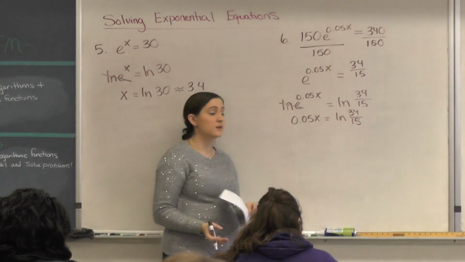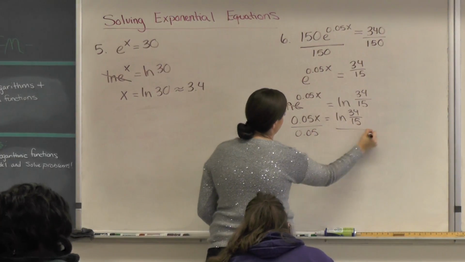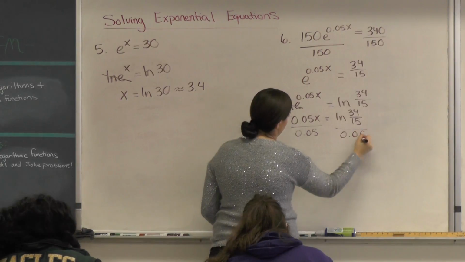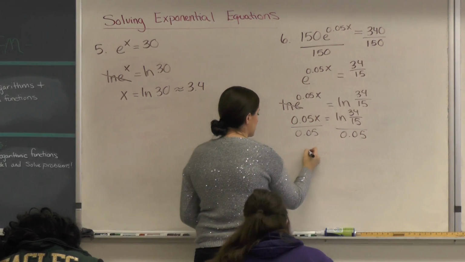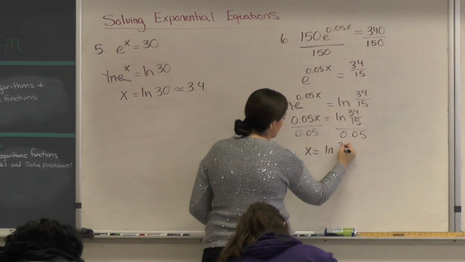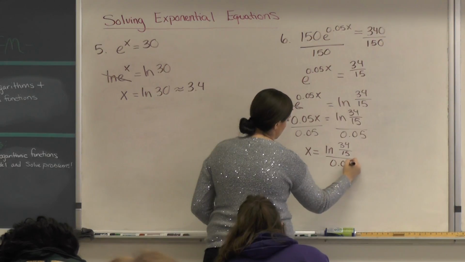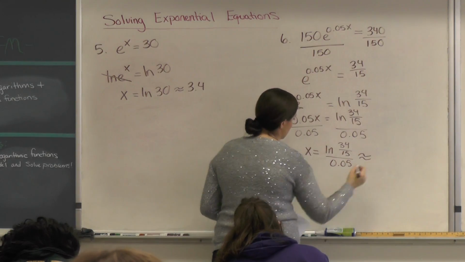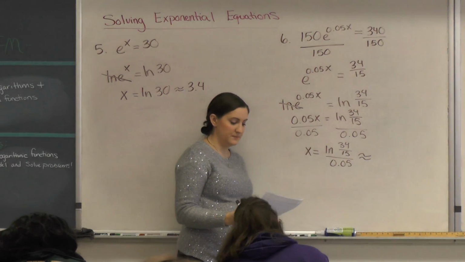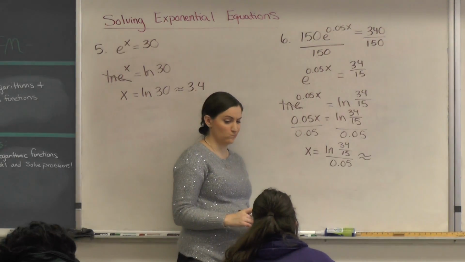Divide by 0.05. Again, be careful when you enter this into the calculator. Use your parentheses correctly. So this is approximately 26.04.